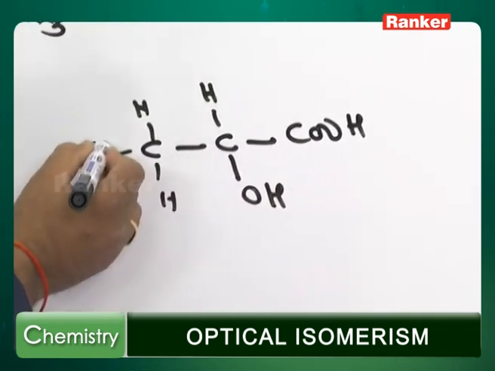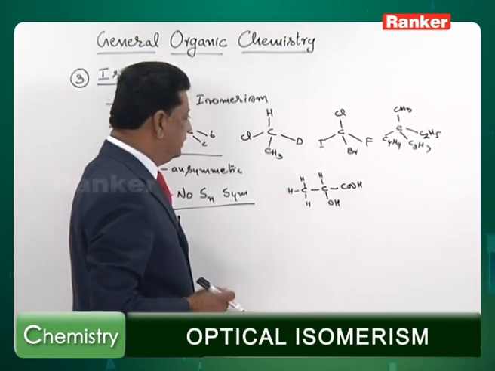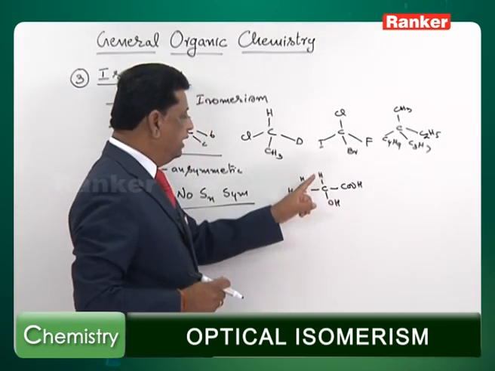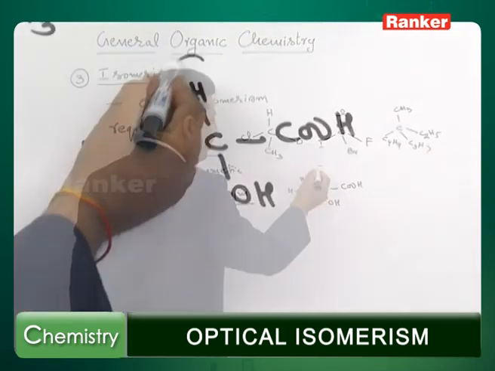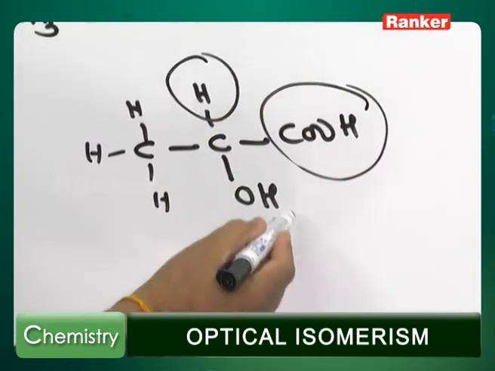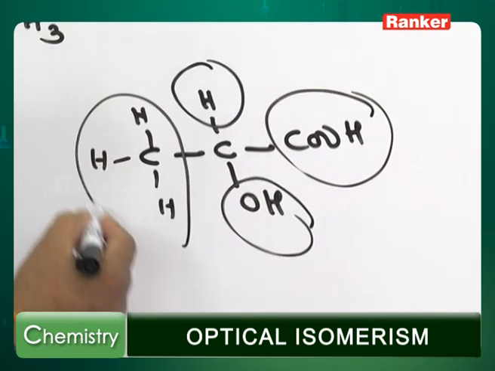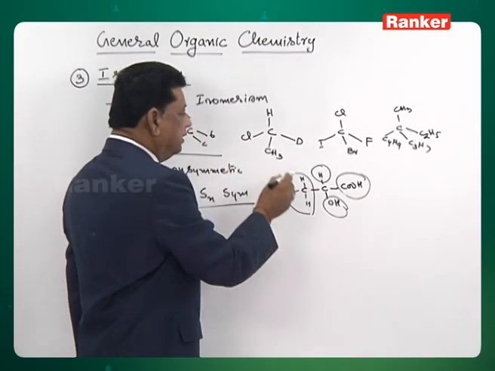Now, this compound has one eligible carbon, the central carbon, which has one hydrogen, the COOH, the OH and the methyl. That means all the 4 groups are different.